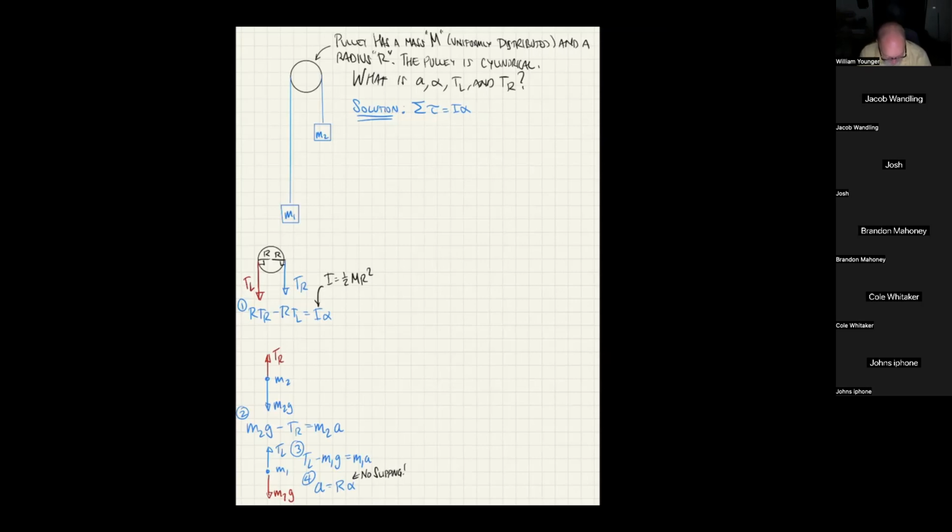And what I am going to do is take equation 3 minus equation 2. So equation 3 minus 2 gives me the following. What I'm going to have is equation 3, which is TL minus M1G is equal to M1A minus equation 2, and I'm distributing this.